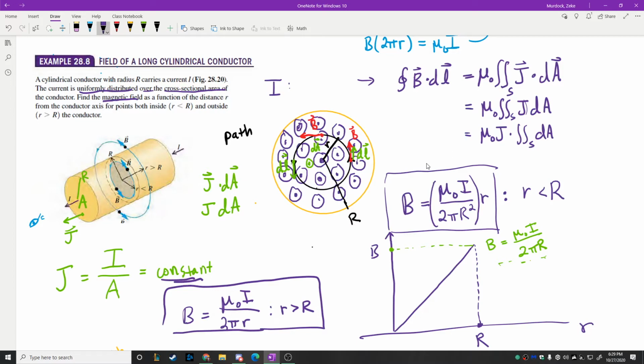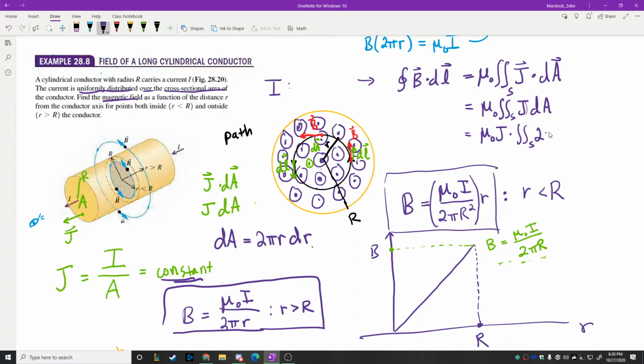What is the dA now? If you imagine breaking this object up into little rings, I would argue that the dA piece is going to be 2 pi r dr. I can't really draw on here, but you'd be breaking this object up into a bunch of little rings and summing up all those rings together.